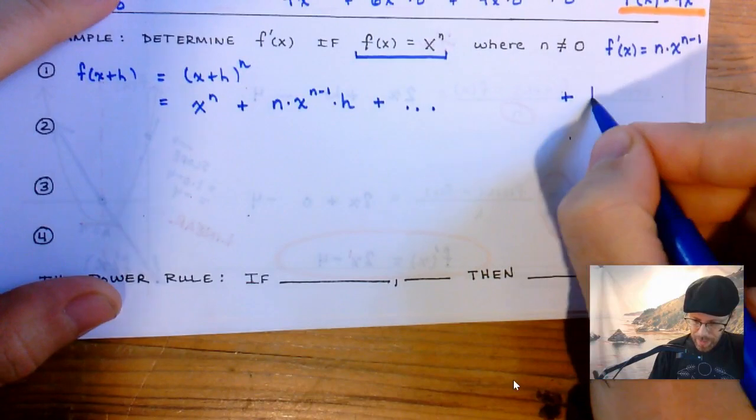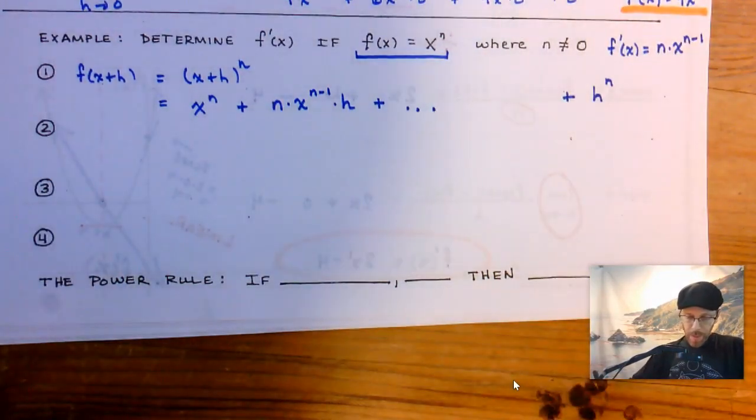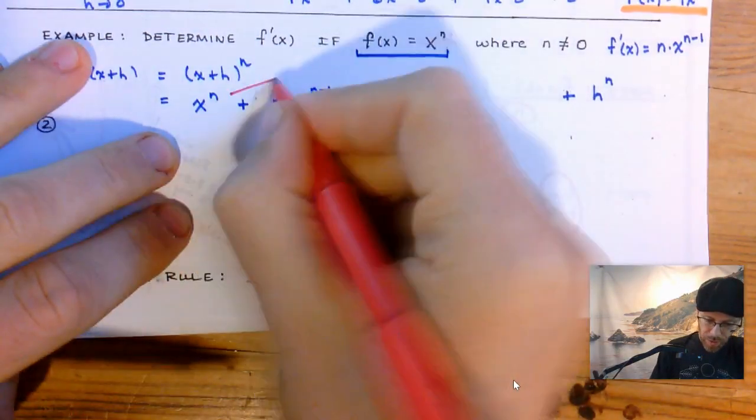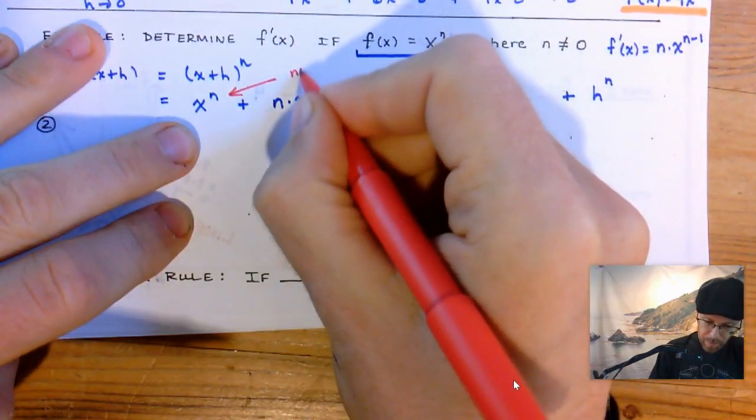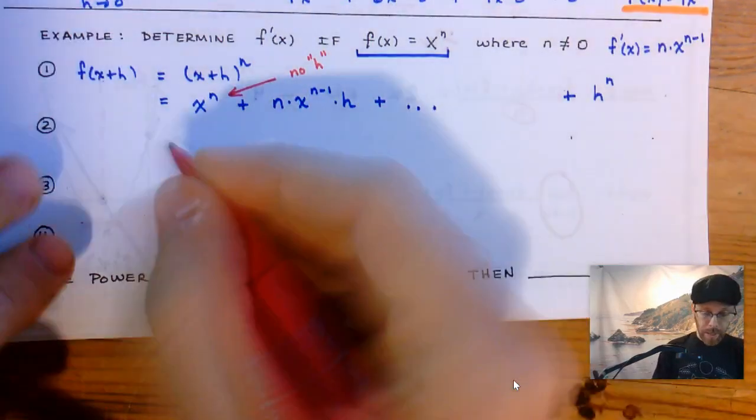At the very end, we would have an h to the nth power. Now, the only term that has no h's is going to be this one right here. And that's important, because look what's going to happen.